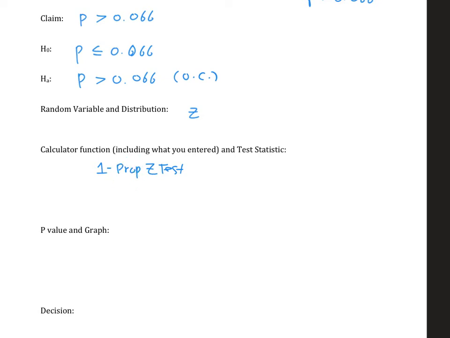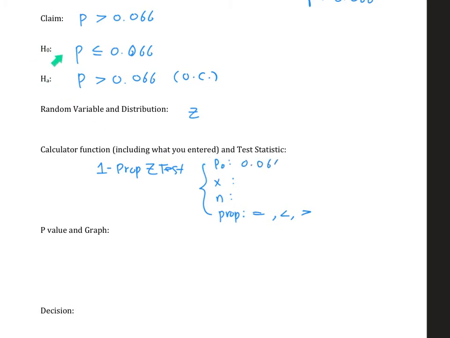All right, so once you go there, they're gonna ask for P naught, X, N, and prop. They want this sign or this sign or that sign, right? So P naught, basically they're saying, give me the P that you wrote under H naught. So 0.066, okay.